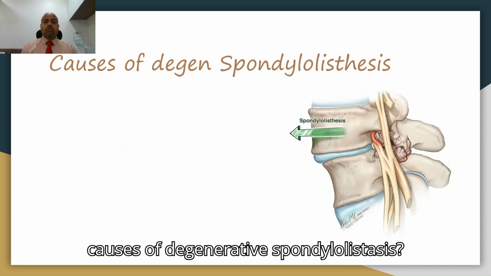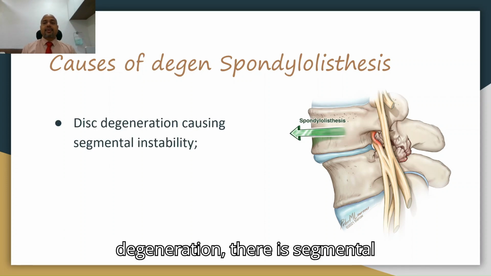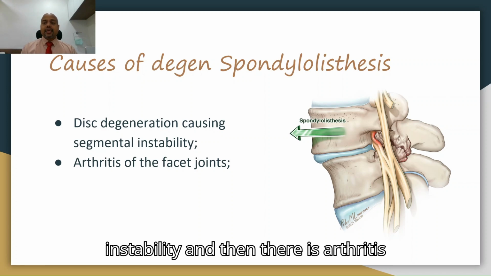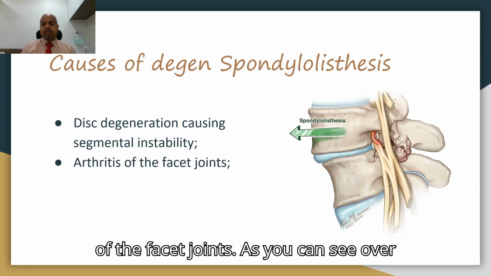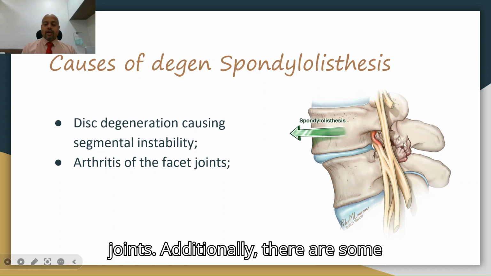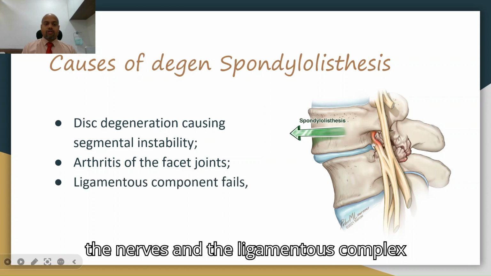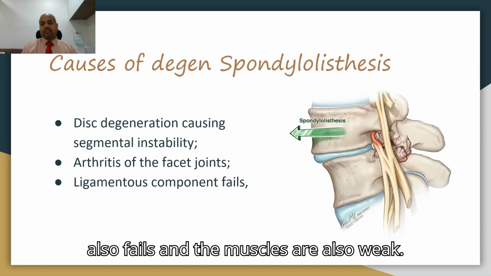Okay, now what are the causes of degenerative spondylolisthesis? As I told, first, because of the disc degeneration, there is segmental instability, and then there is arthritis of the facet joints. As you can see over here, there is arthritis of these facet joints. Additionally, there are some osteophytes also which are compressing on the nerves, and the ligamentous complex also fails, and the muscles are also weak.